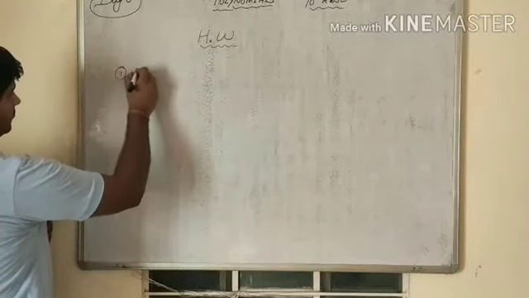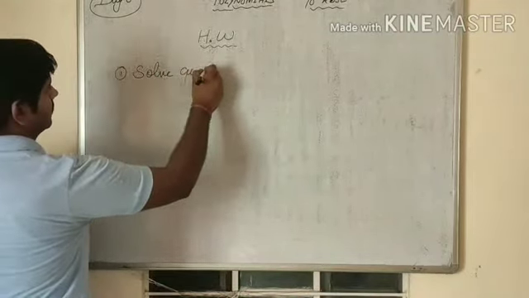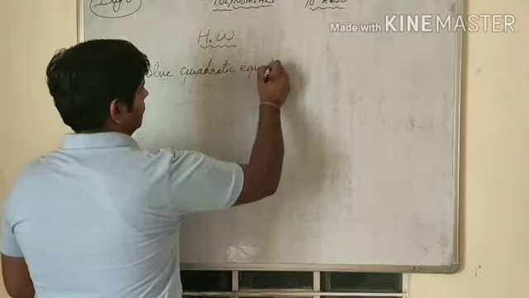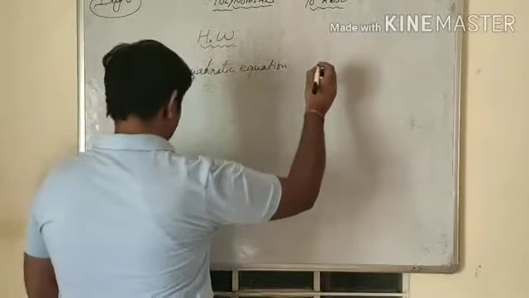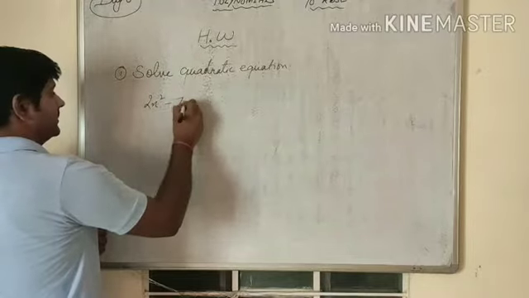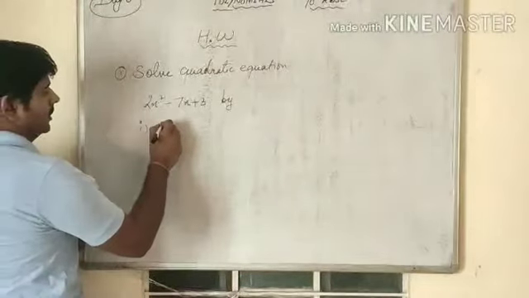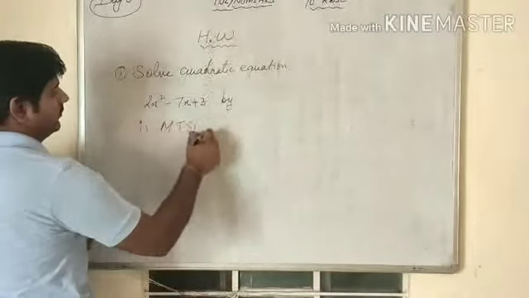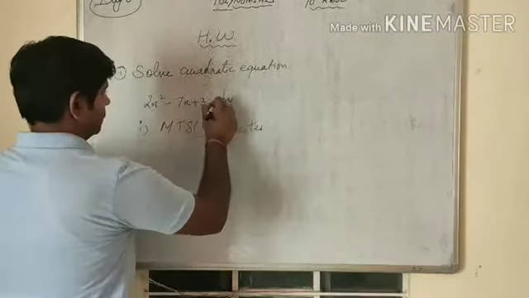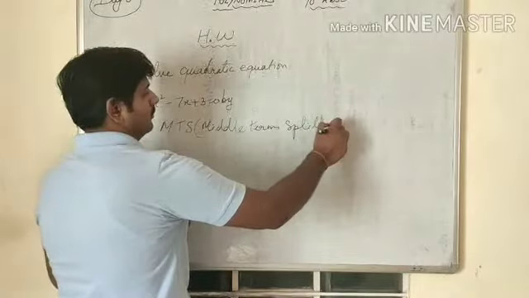First question, solve quadratic equation 2x square minus 7x plus 3 by MTS, means middle term splitting method.